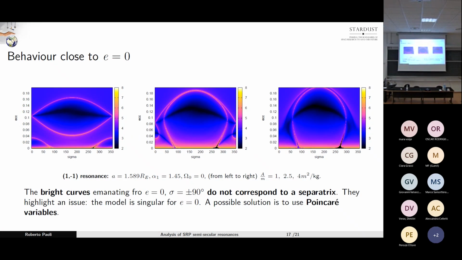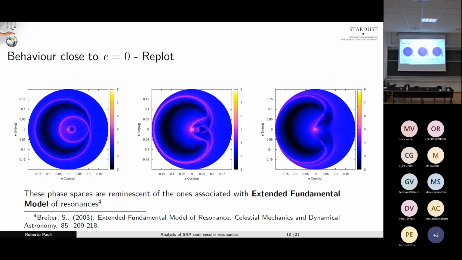And if we adopt quantitative variables and we replot these graphs, we obtain these, which are spaces reminiscent of the one associated to the extended fundamental model of resonances. In this case, it's actually more similar to the second, but it's more or less the same thing.